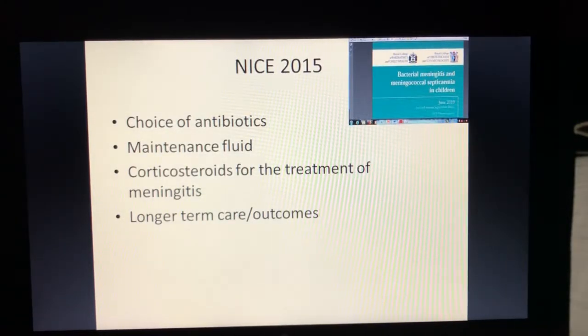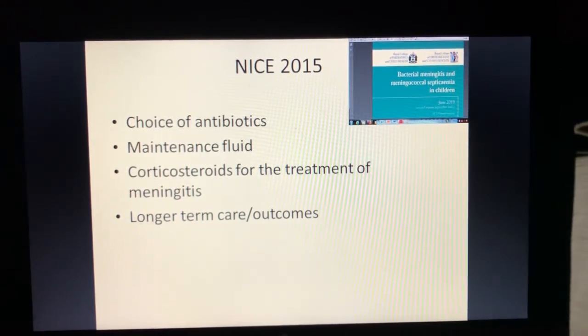And NICE covers the choice of antibiotic. Please note that there's no controlled trial data to inform the duration of antibiotic. NICE also has reviewed the issue of fluid, the controversy around steroids, and also looking at longer term care and follow-up.